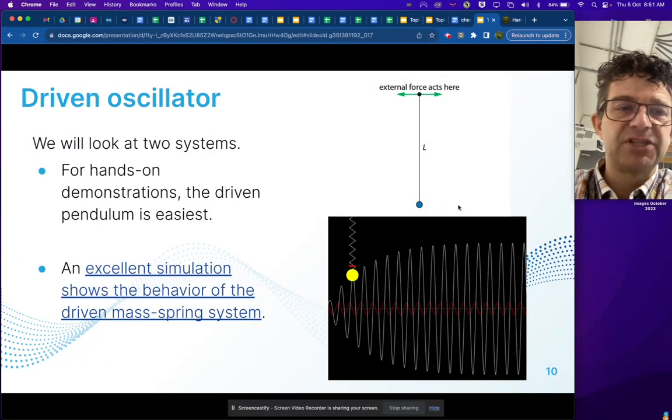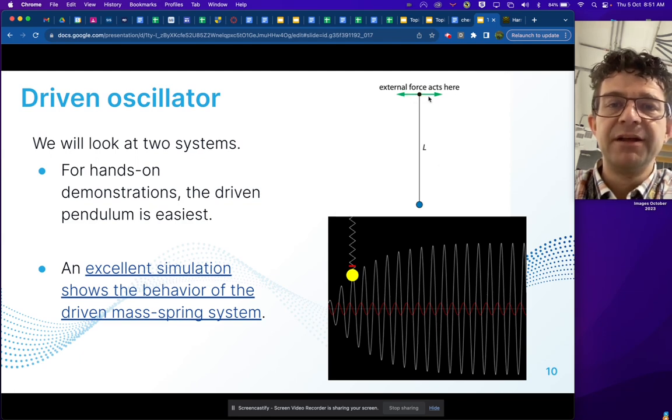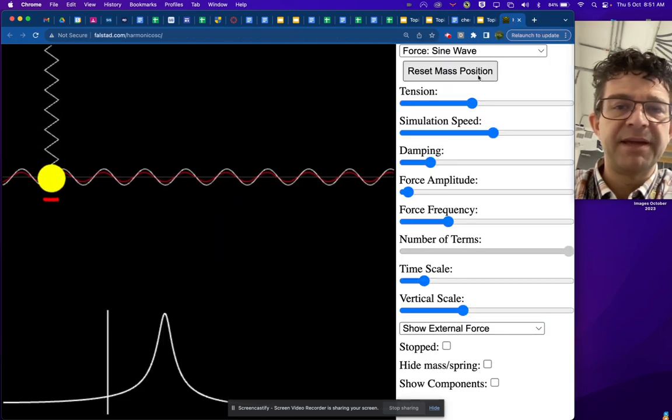I've shown you a demonstration with a forced pendulum where a hand is maybe moving the pivot point of the pendulum back and forth, and we see the pendulum respond to that. Instead, for this video, I'm going to look at a simulation that shows you the behavior of the driven mass spring system. You can follow the link and follow along with me.